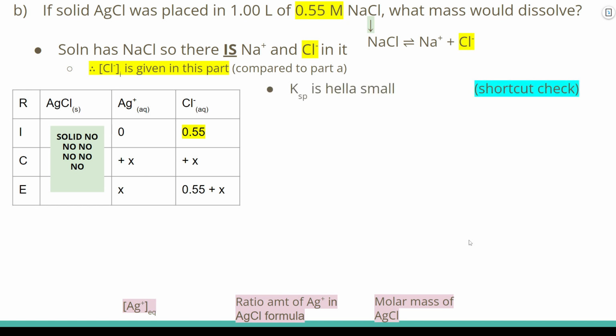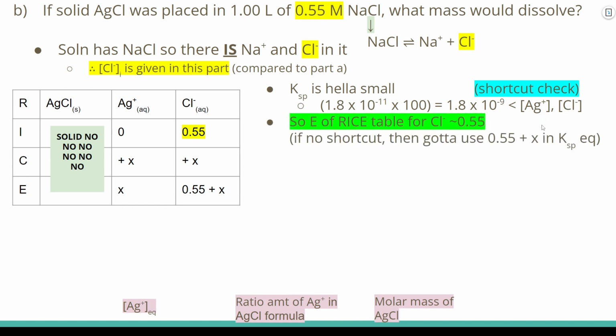Ksp is really small from earlier, so I can check if the shortcut works. As a reminder, the shortcut is Ksp times 100, and is it less than the concentrations of both of these? It is, so I can round my Cl minus E value here to be 0.55. If the shortcut didn't work, then I would have to use 0.55 plus X in my constant for Ksp.